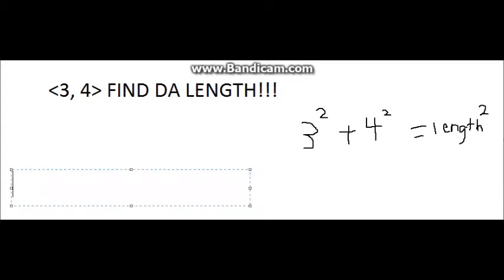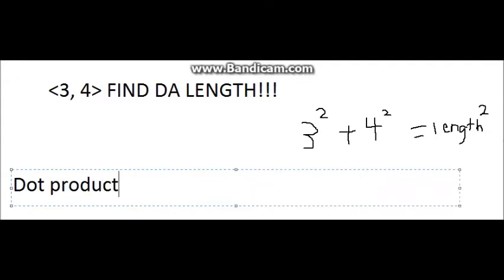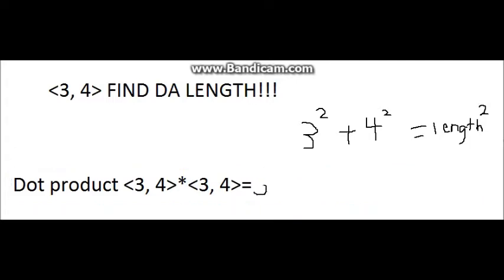But now, if we use dot products and are asked to solve 3, 4 times 3, 4, then to solve that using dot products, you end up with 3 squared plus 4 squared equals, so yeah, it equals the length squared.